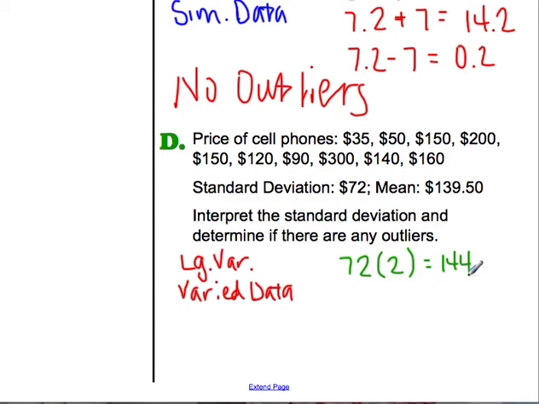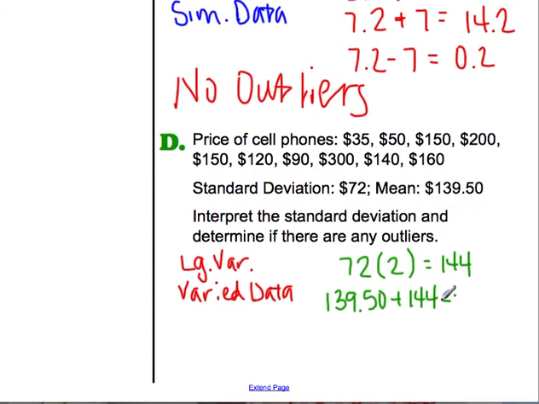When I take the mean of $139.50 and I add to it $144, I get a value of $283.50. And so when I look here, I do have a $300 phone. So I do have an outlier of $300 on the high end.